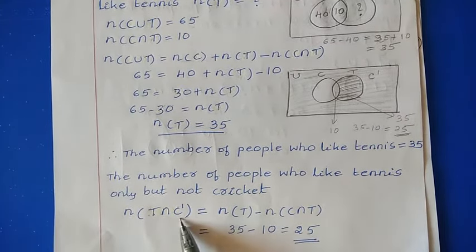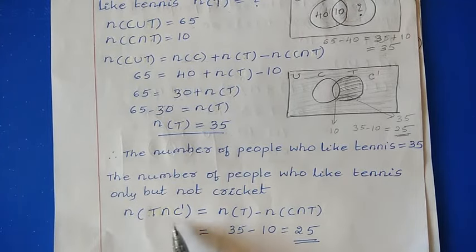N of T intersection C complement is nothing but N of T minus N of C intersection T. Here we already know the total number of people who like tennis, which is 35, and also the people who like tennis as well as cricket, that is equal to 10. So 35 minus 10 will give you the answer as 25.